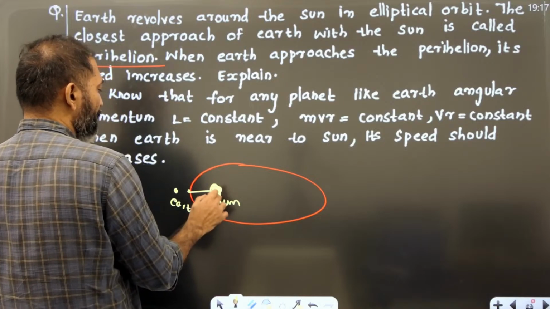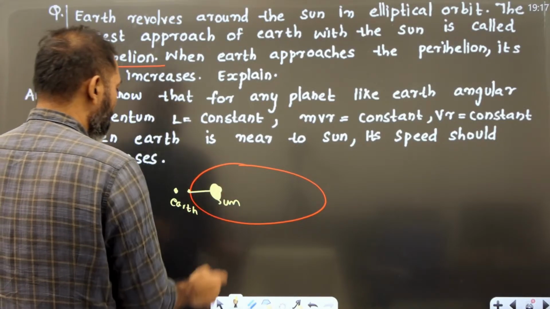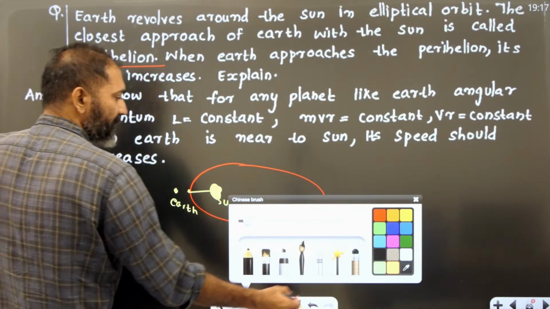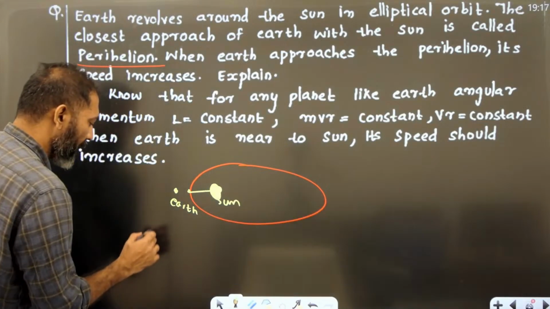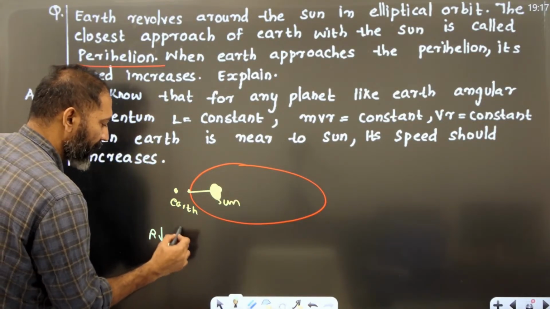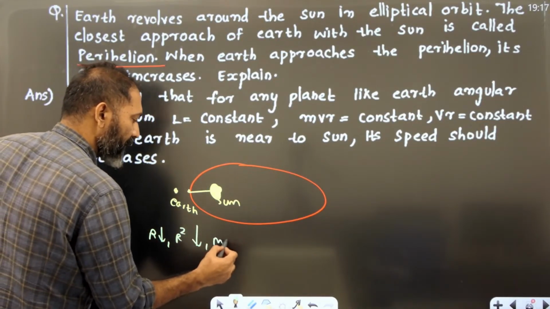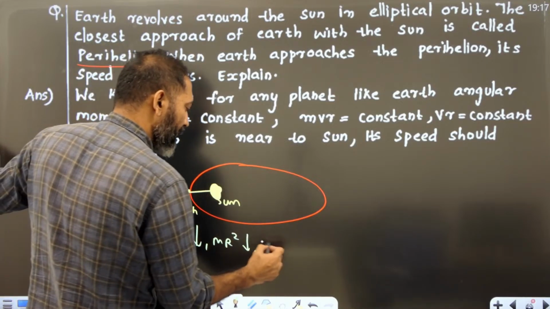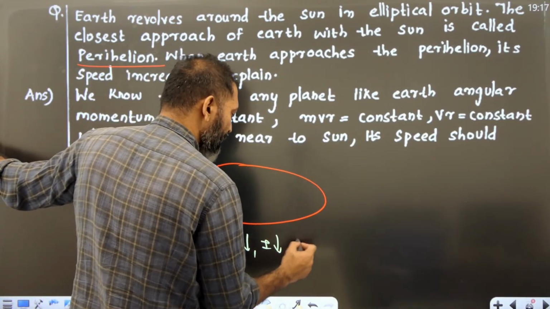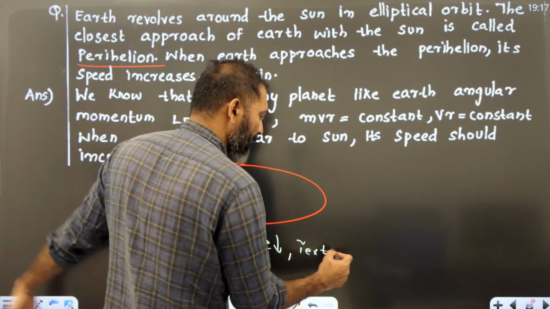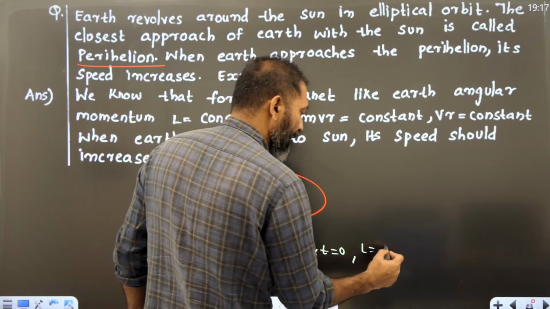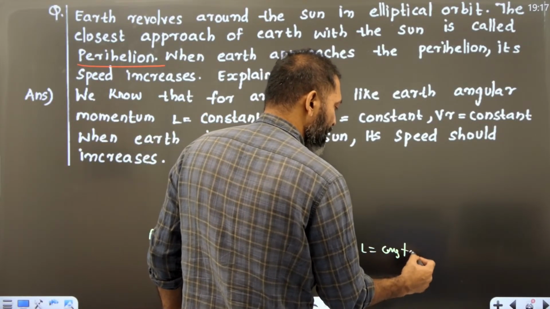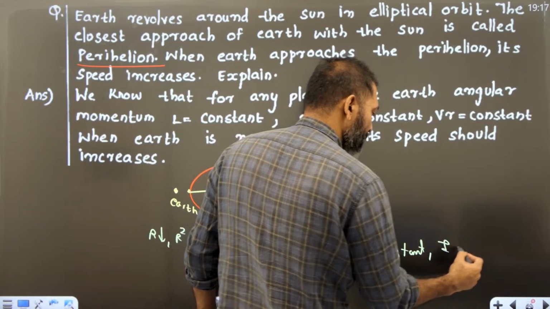Earth is closer to the sun. What happens? R value reduces, R square reduces, mr square reduces, moment of inertia reduces. External torque is 0, so angular momentum should be constant, L constant. That is, I omega should be constant.